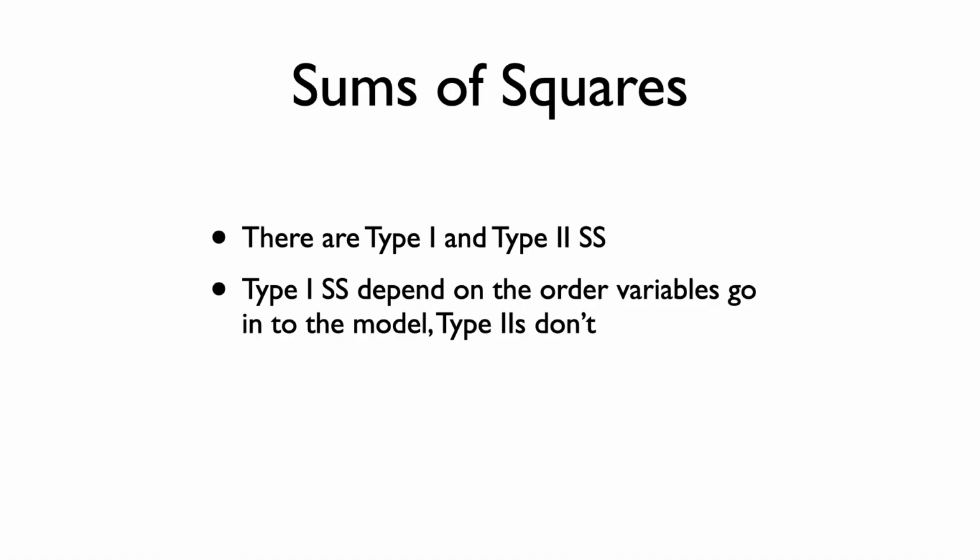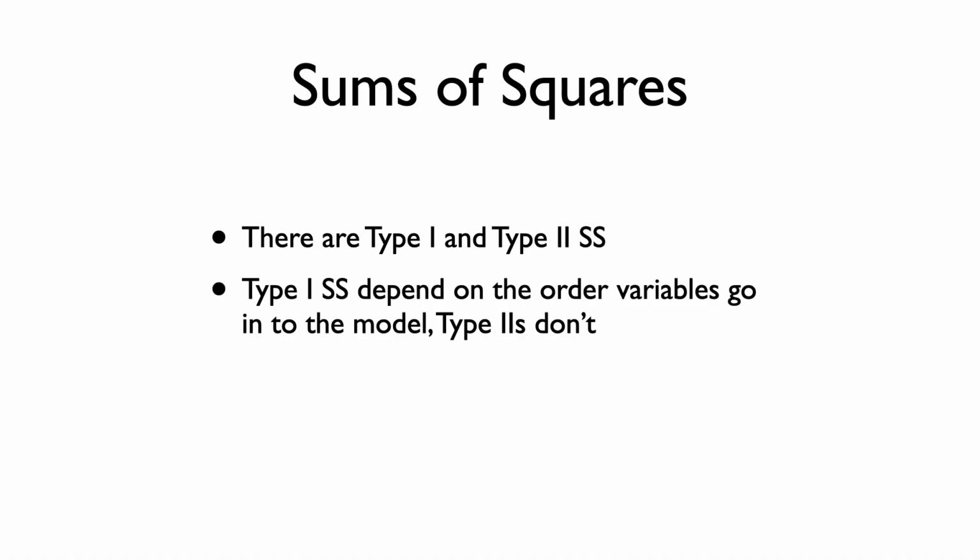Okay, so how do we end up getting these sums of squares? Well, I talked the other day about type 1 and type 2 sums of squares, and this is where this is going to be important again. Type 1 sums of squares depend upon the order you put them in the model. And type 2s don't.